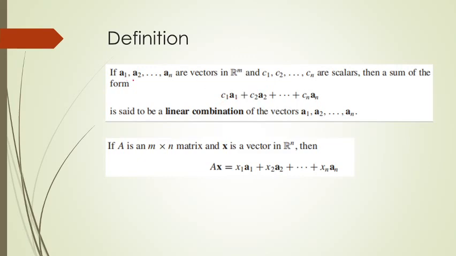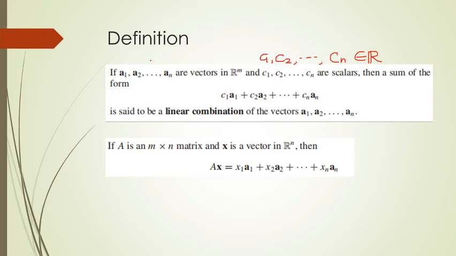So if a1, a2, an are vectors in Rm, that means each vector has m entries, m rows. Each column vector has m dimension. And C1, C2, Cn are scalars, which means they are real numbers.